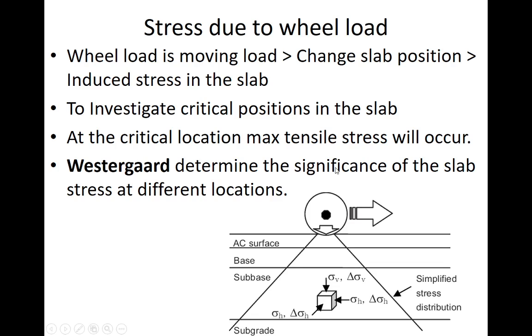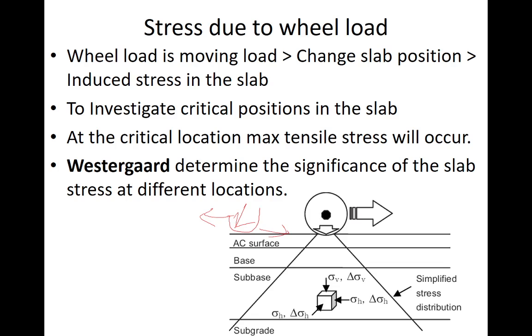As you can see here, the wheel load is a moving load which changes its position over the concrete slab. As a result, the stresses induced in the concrete also change from location to location. So it becomes necessary to investigate the critical position of a wheel load on the concrete slab, which will induce the maximum tensile stresses.